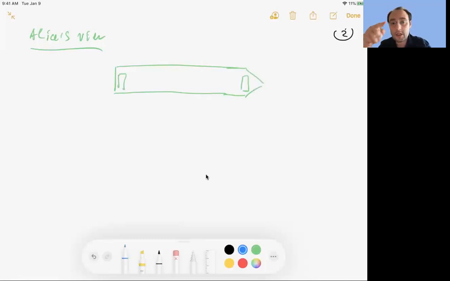Now she will see Bob's ship contracted. According to her, Bob's ship has length 40 meters, and the distance between his windows is even less, because his middle window is in the middle of the ship. So what is it that she sees? What is the series of snapshots? First of all, from her perspective, his ship is moving backwards from her front towards her back.